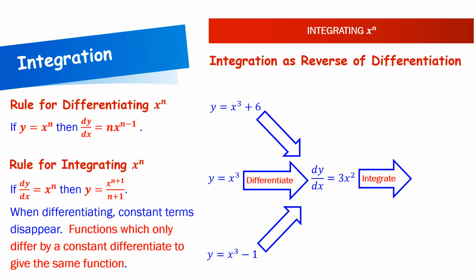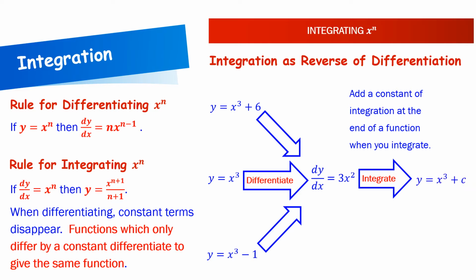Therefore, when we integrate, we must add a constant of integration at the end of a function. So when we integrate dy dx equals 3x squared, we obtain y equals x cubed plus c.